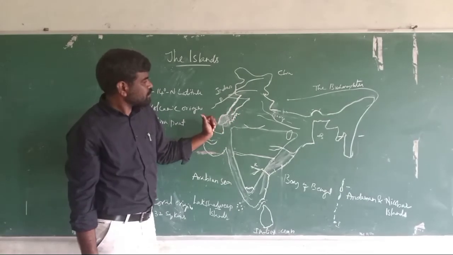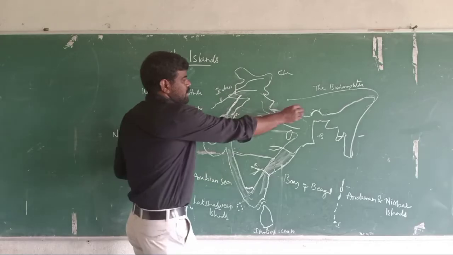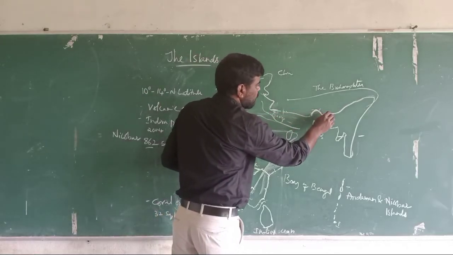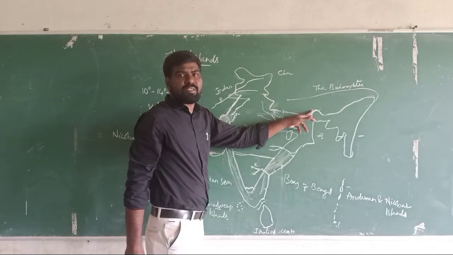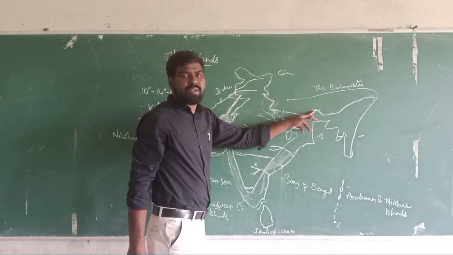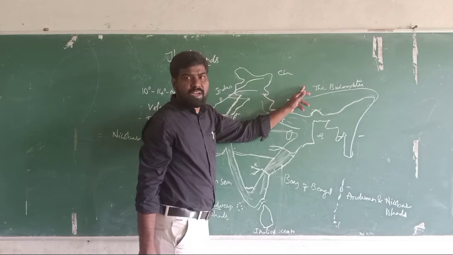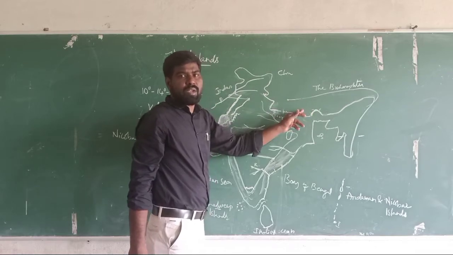And on the east of Bhutan, the crest of Himalayas acts as a dividing line between India and China. It is called McMahon Line.